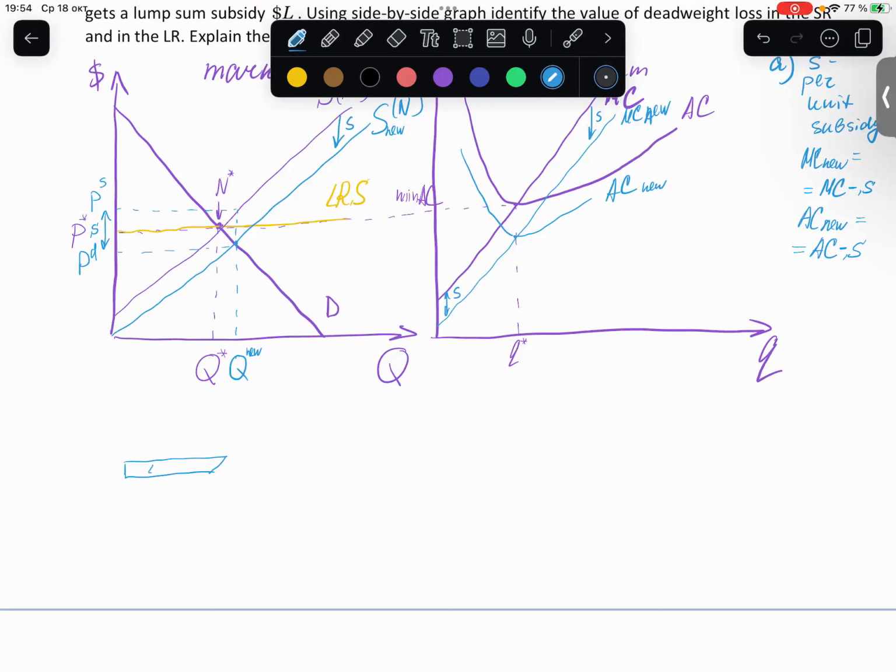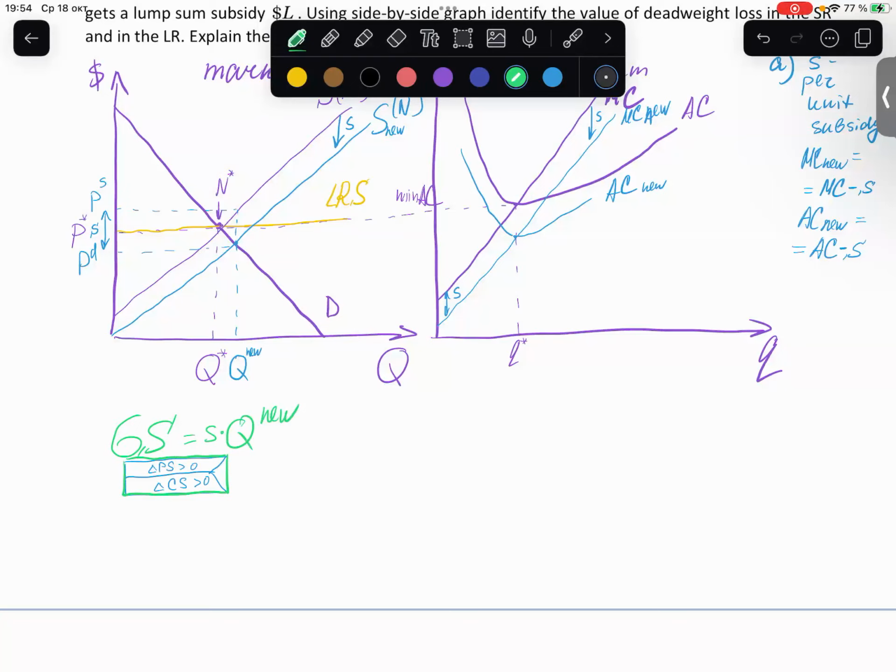This is the increase in the producer surplus, greater than 0. Then this is the increase in the consumer surplus, and this is also greater than 0. But government spends more than these changes. This is the spending of our government: per unit subsidy multiplied by the new quantity.